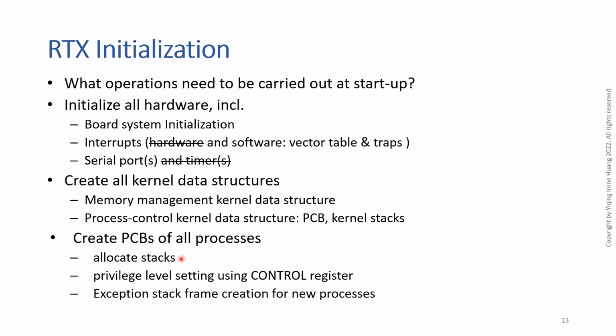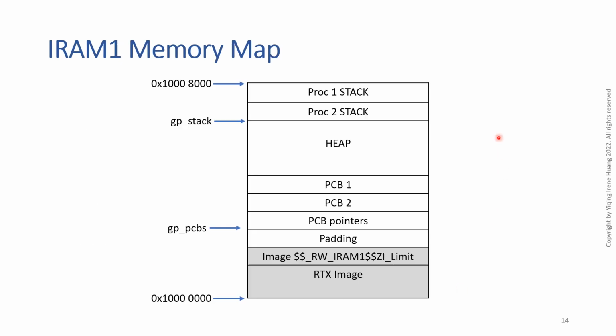And allocating stacks requires playing with the memory. So let's take a look at the memory map. The starter code puts two process stacks on top of the high address of the IRAM1 and puts PCBs here. And this is your RTOS image.